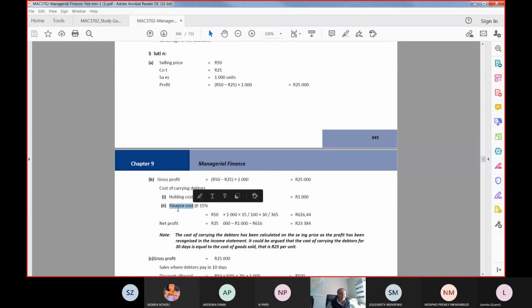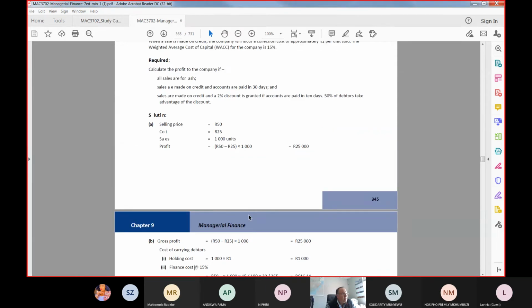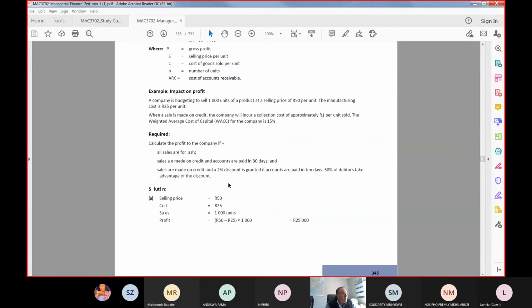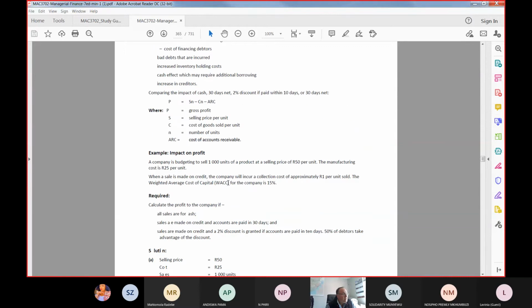The financing, because you have to borrow the money: that 25,000 Rand you would require to refinance, but now you're going to lose that money on financing. So we now have 15%, but just remember it is in days, and they're working on 30 days, and the question is paid over 30 days.